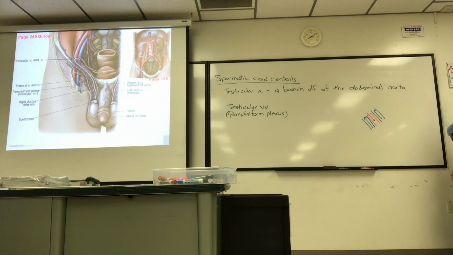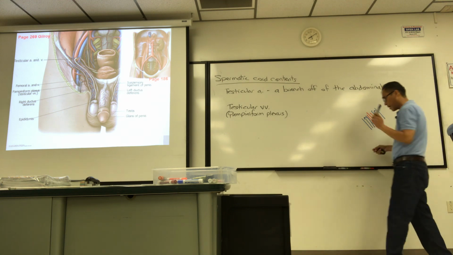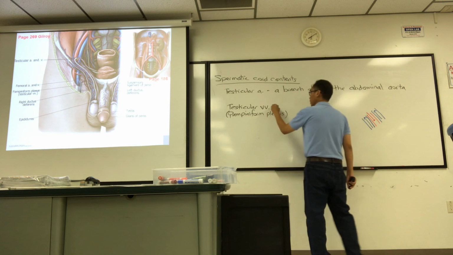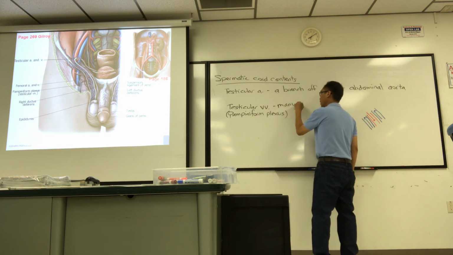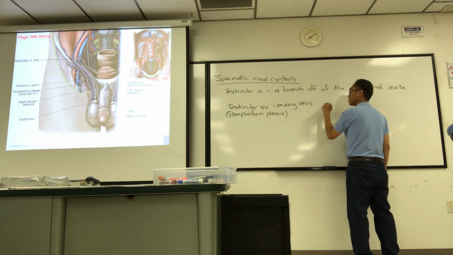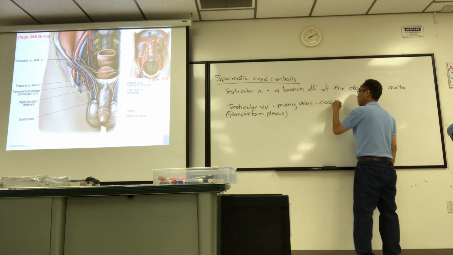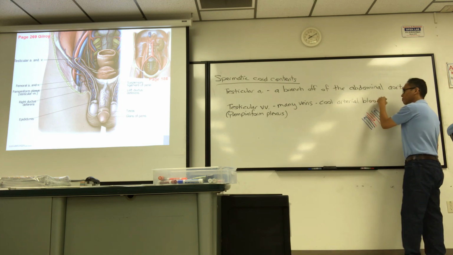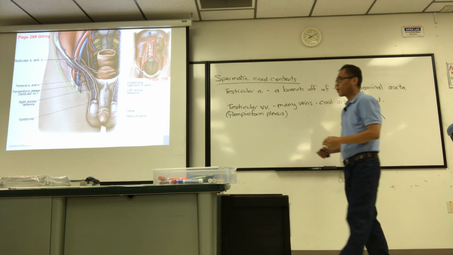Some heat is dissipated from the artery to the veins. This helps cool the blood, which is better for spermatogenesis. So let me write that over here. The many veins cool the arterial blood, okay?